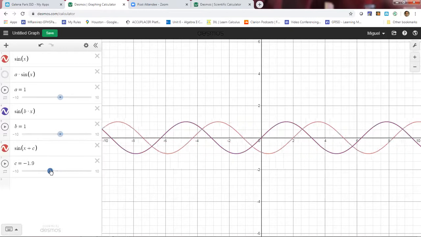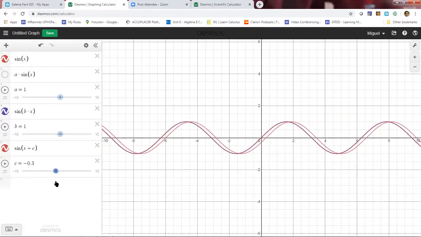You have analyzed this in the functions you learn in Algebra 2, okay? So it's pretty much what is going to happen, correct? So all these changes with these variables are sinusoids because they are reproductions of this function right here.